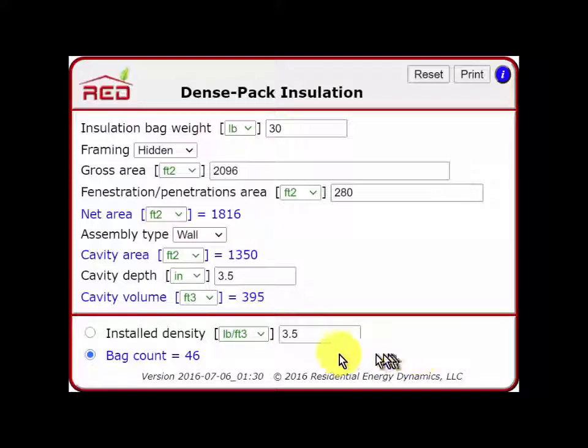Well, you might be asking, why would I want to solve for the installed density? What if for the same house a contractor says, or say a subcontractor that you've hired to do this house says, well, yeah, I did that just fine. I've got proper density. In these walls, I put in 40 bags of cellulose.